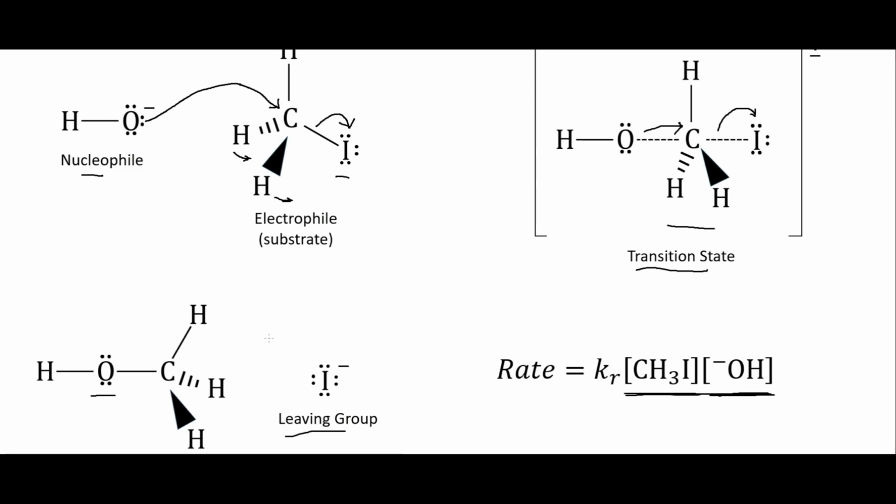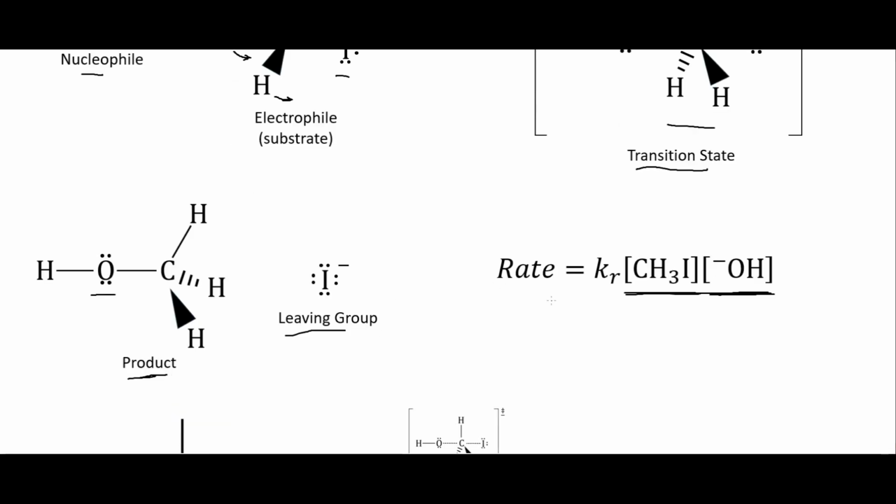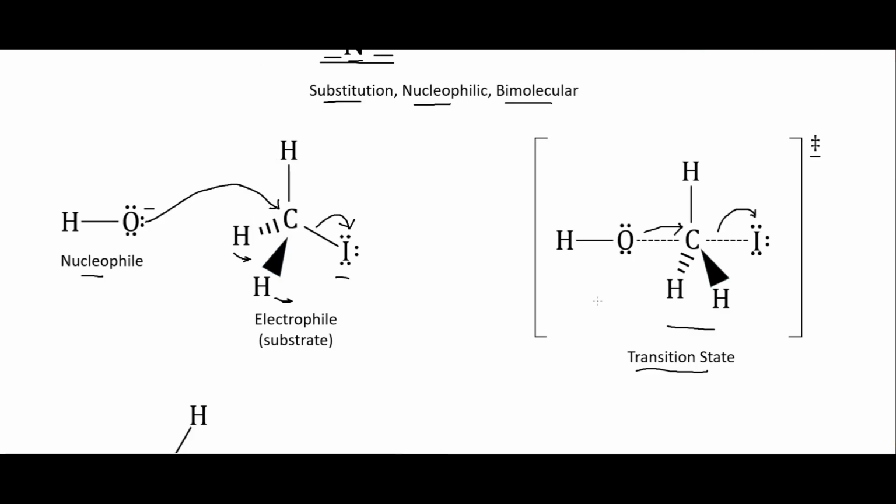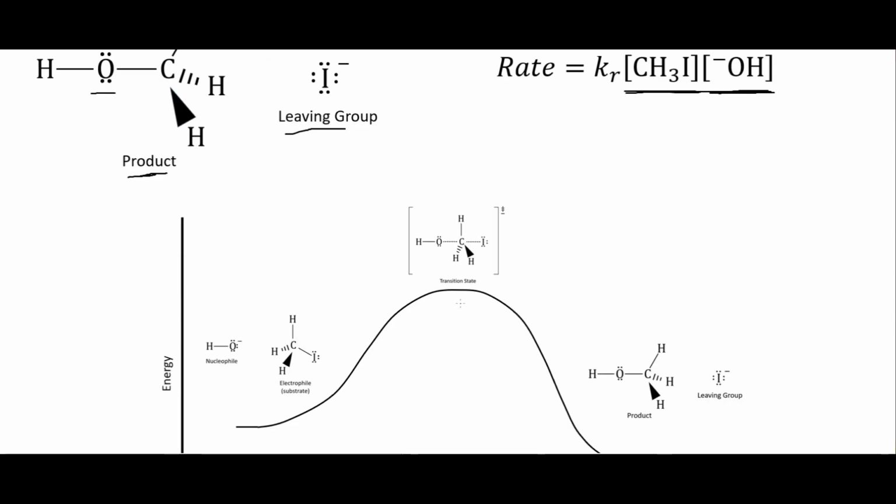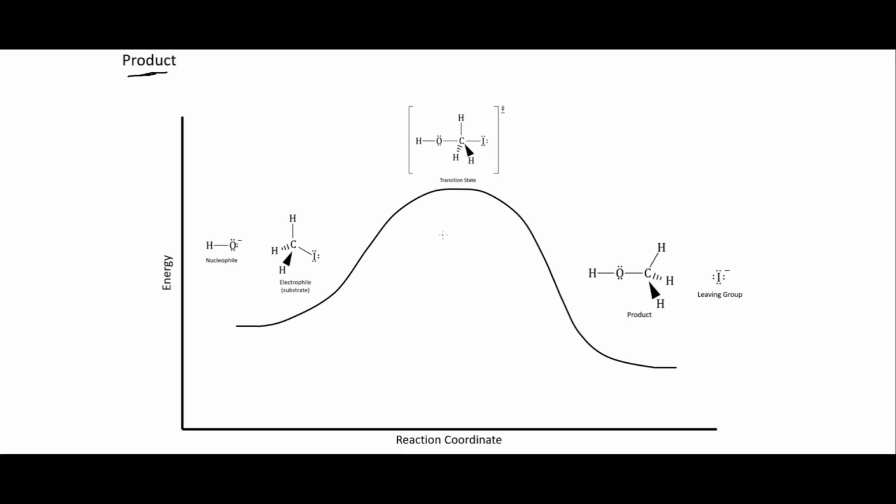As we'll see in the next video when I talk about SN1, that is unimolecular, and so it only depends on one molecule. But we'll get to that in the next video. The point is this is dependent on the concentrations of both the nucleophile and the electrophile or substrate.